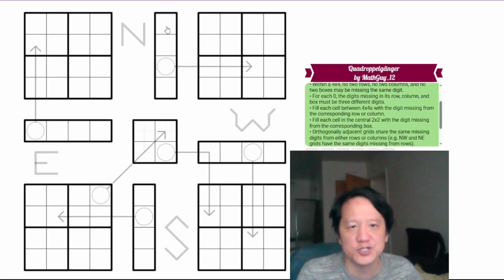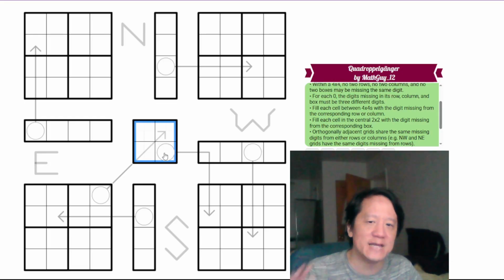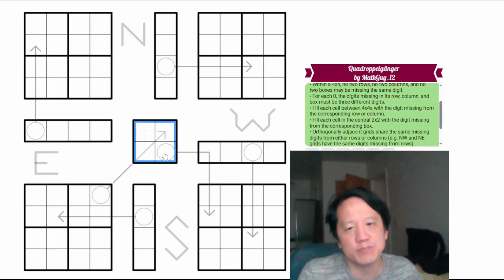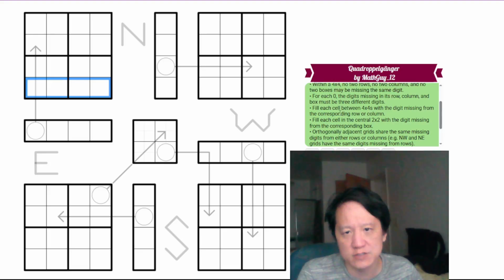So therefore, this digit must be missing the same digit in this row and that row from 1 through 4. Fill each cell in the central 2x2 with the digit missing from the corresponding box. So these digits that are missing in the boxes must be the same for all four grids.